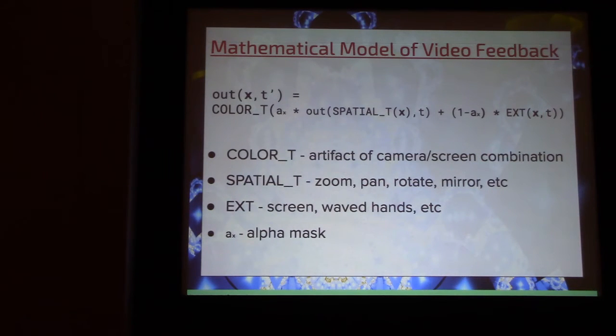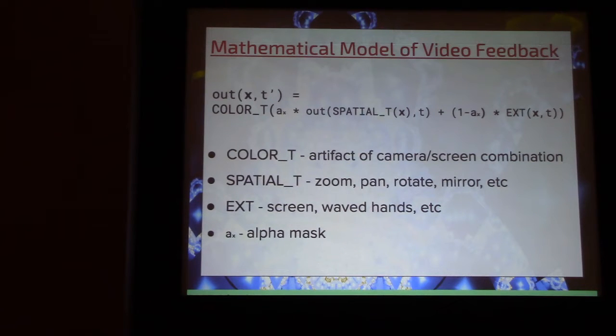And the best way I've come across to explain the relationship between these two is that they have been blended via some alpha mask. This is a little more general than what's actually happening here, but it can also support things like waving your hand in front of the camera and transparent objects, which is a useful artistic effect.